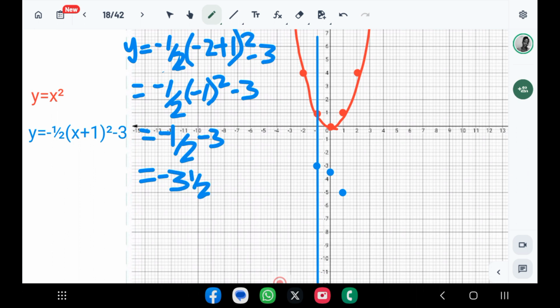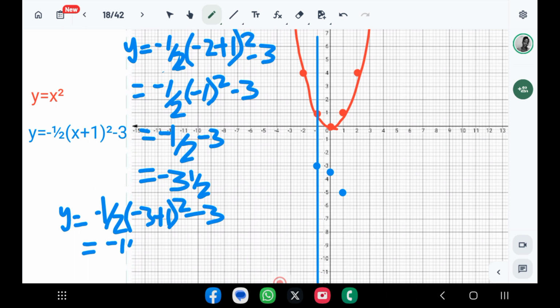And then for y at negative 3, we'll have negative half, negative 3 plus 1 all squared, minus 3. Negative 3 plus 1 is negative 2 squared, which is 4. Negative half of 4 is minus 2, minus 3, which is negative 5.